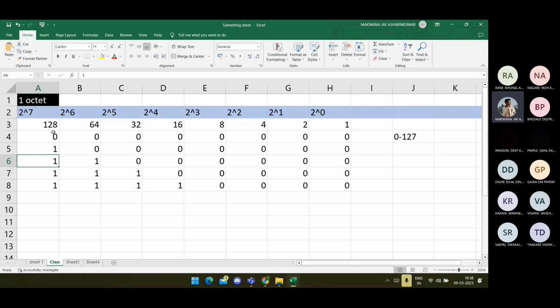If I turn off all the bits of one octet, that is 0000, then the range of that octet will be from 0 to 127. Now, can anyone say why this is 0 to 127 only? Why is it not 0 to 129 or something greater than 127?